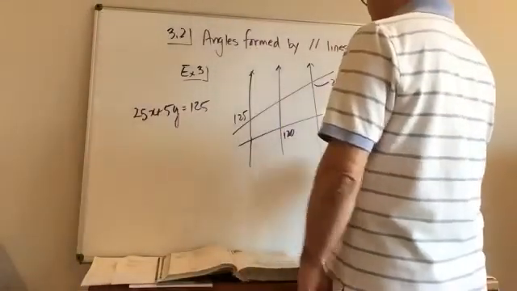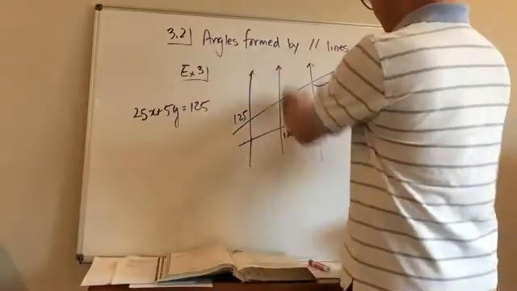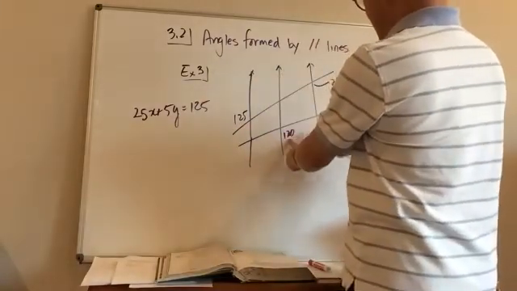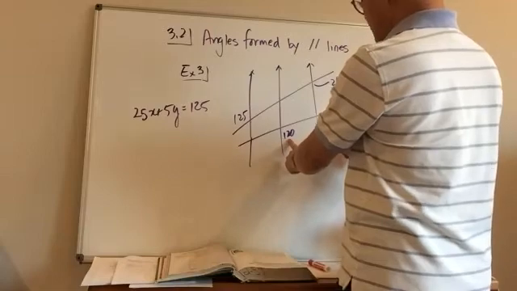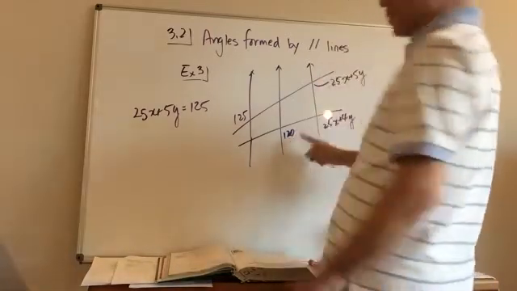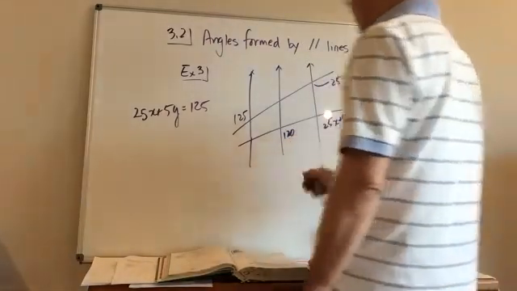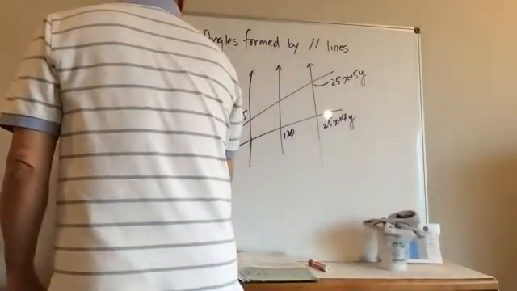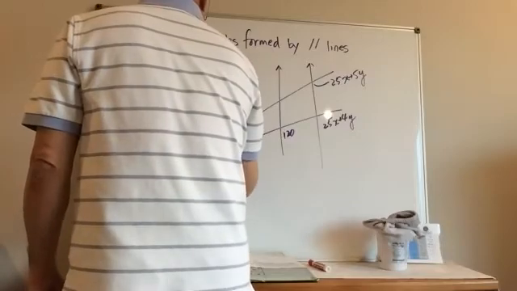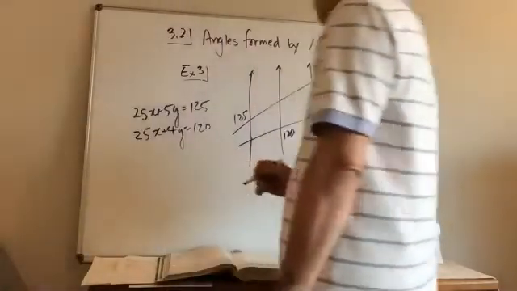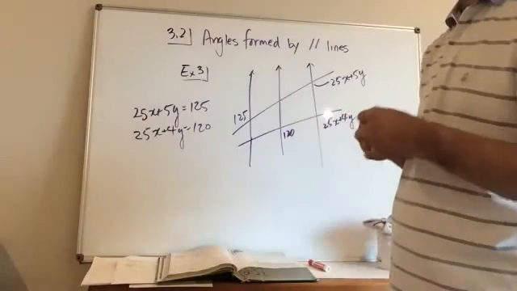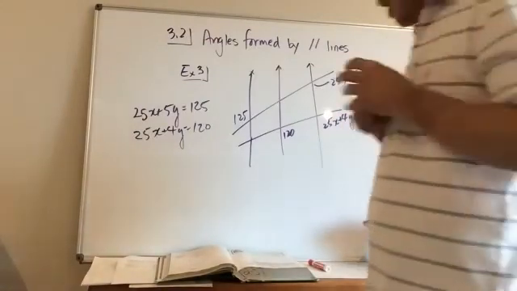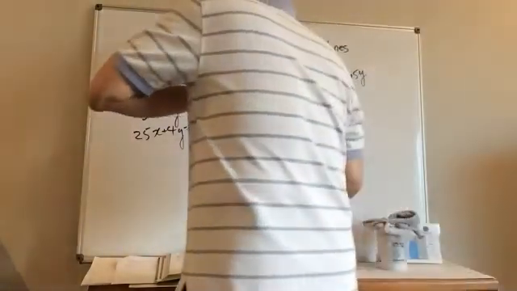And then this guy and this guy are corresponding angles, so I get 25x plus 4y is equal to 120. So I have a system of two equations. How would I go about solving this?